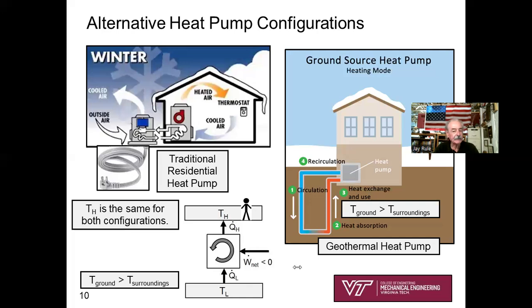And so that's a very powerful and cool result of being able to look at different designs and studying the economics of installing a geothermal heat pump compared to a traditional residential heat pump. And you're going to be able to do this at the end of Chapter 5. So a couple of configurations are possible in the real world.